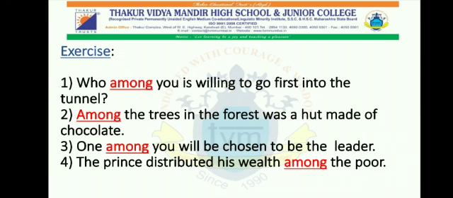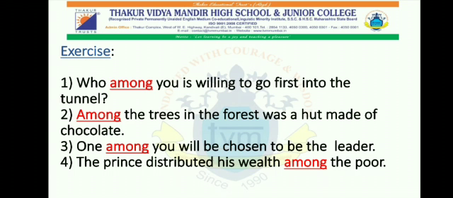Now let's have a look on this exercise. First one, who among you is willing to go first into the tunnel? Here we are asking to a particular group that who is willing to go first into the tunnel. Second, among the trees in the forest was a hut made of chocolate.